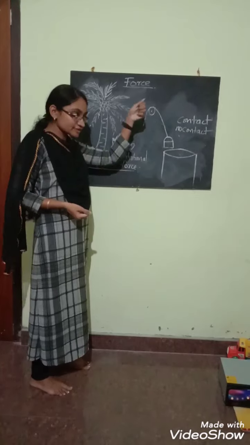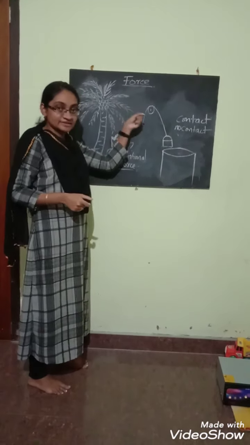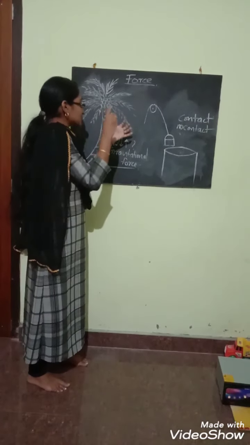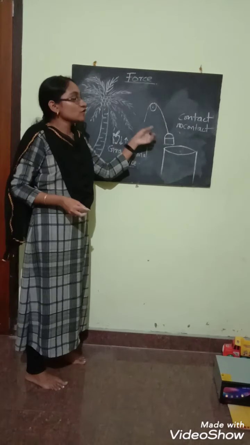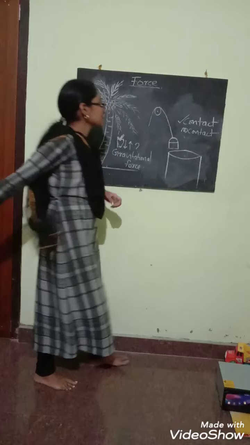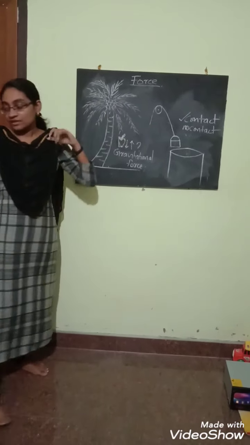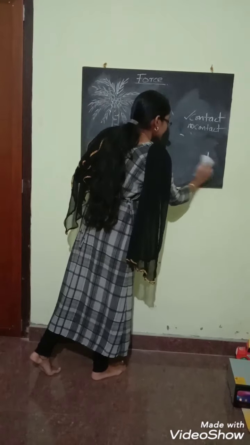I want to push or pull this rope. That is, I want to hold this rope. Here, between my hand and this rope, there is a contact. In this example, for acting force, there happens a contact. This is another example.